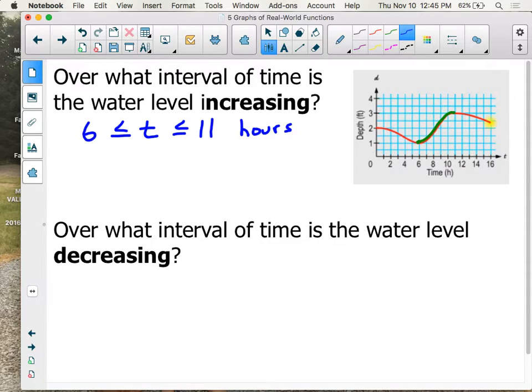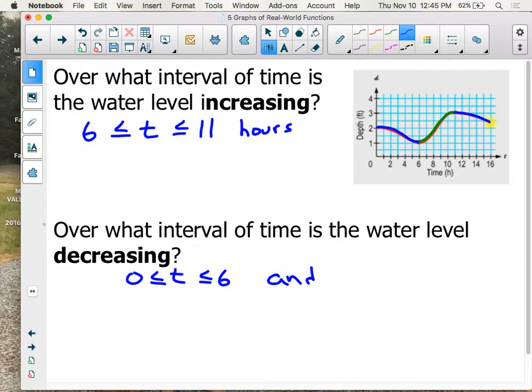And in a similar way, let's talk about the decrease. When is the water level decreasing? Well, my blue path shows where it's decreasing, but notice that's not the only spot. It is also decreasing once we shut that hose off, I guess. And it's going to go down to about there. So our intervals of decrease, it looks like from the start up until about 6 hours, that's when it's decreasing.